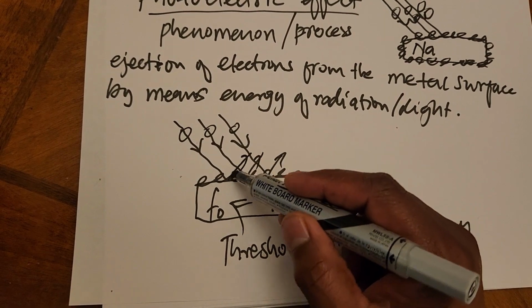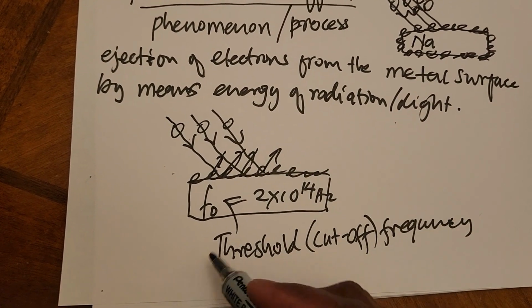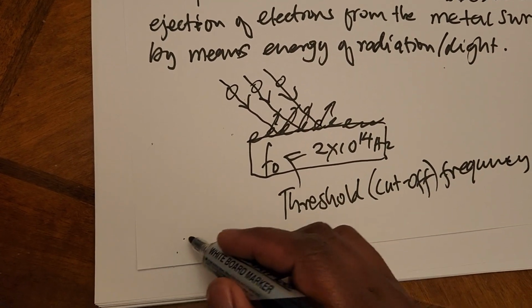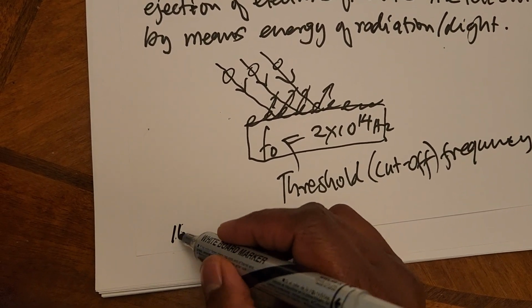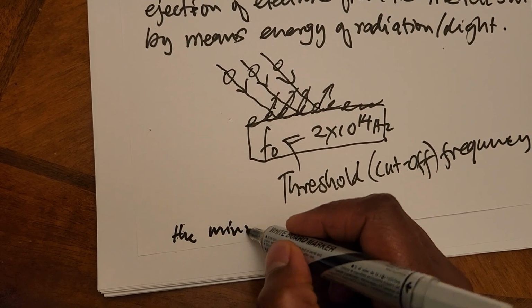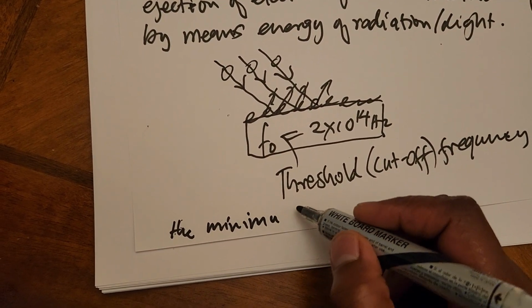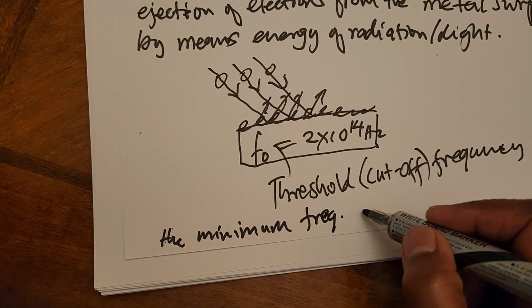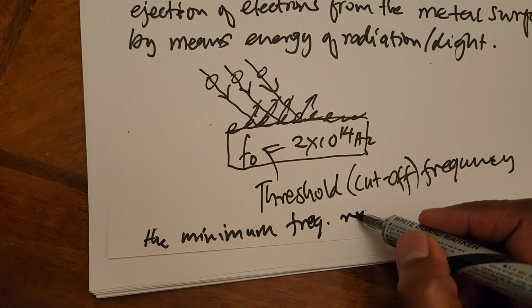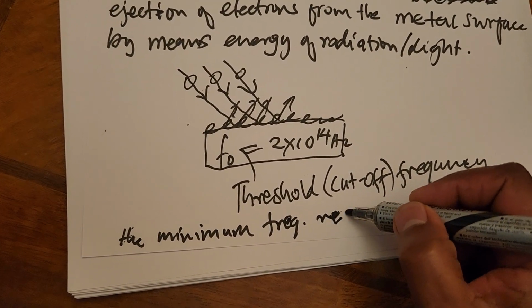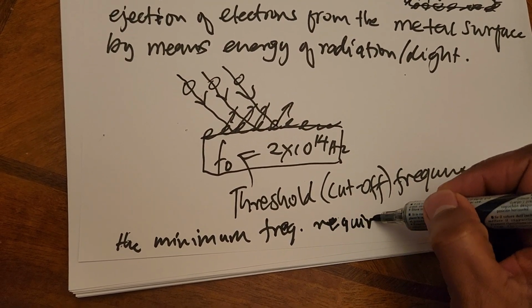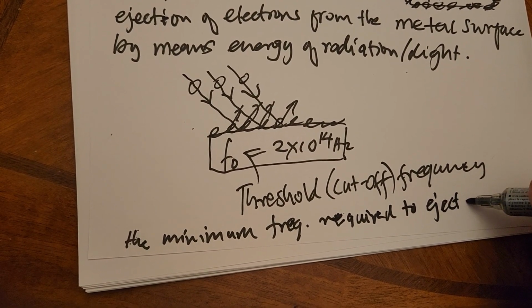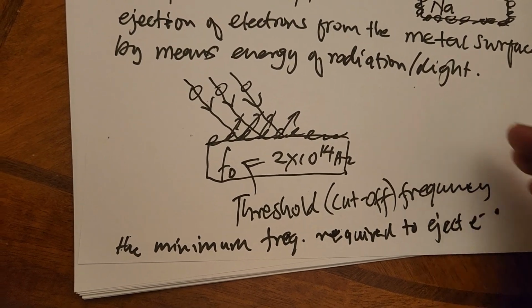That's why when we define this frequency, we say it is the minimum frequency required to eject electrons from the metal surface.